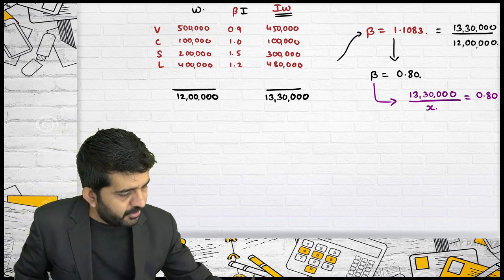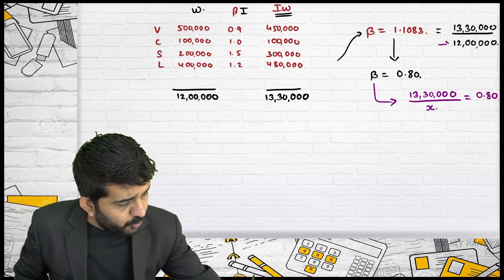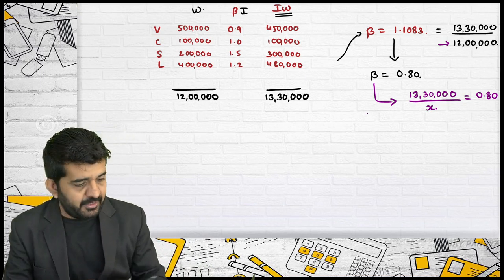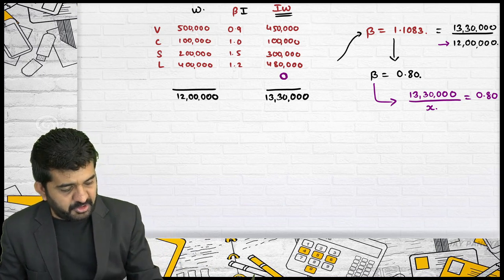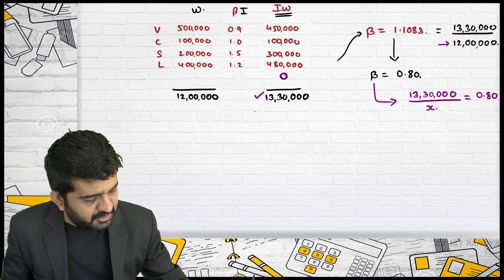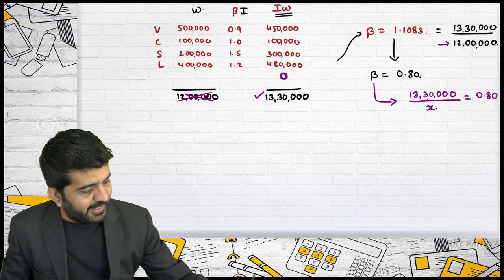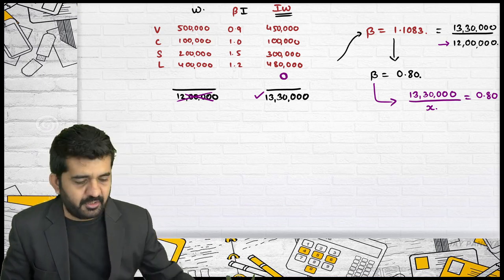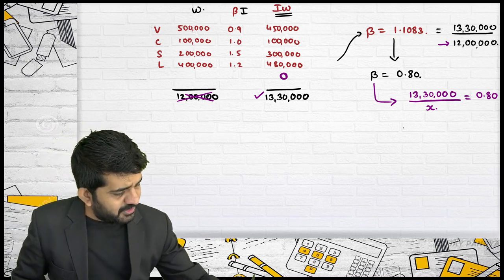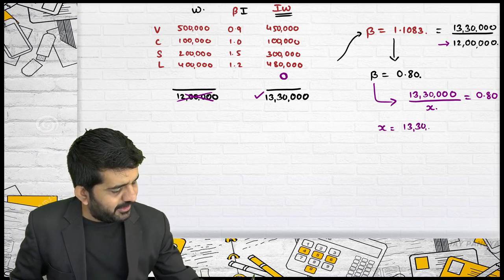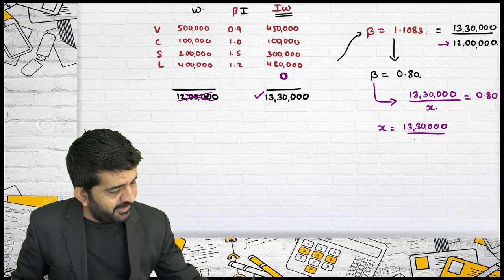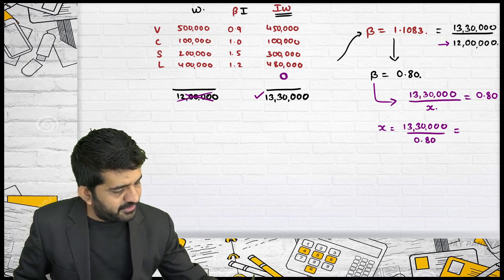So I need to increase my investment, but this figure should remain as it is, 13,30,000. So first I need to find out X. X will be 13,30,000 divided by 0.80.